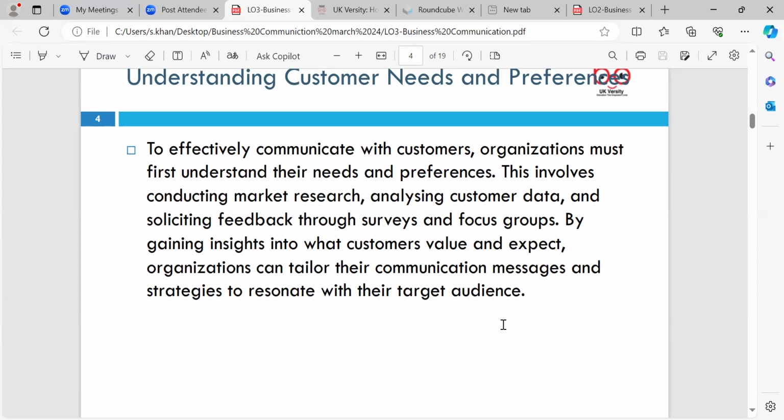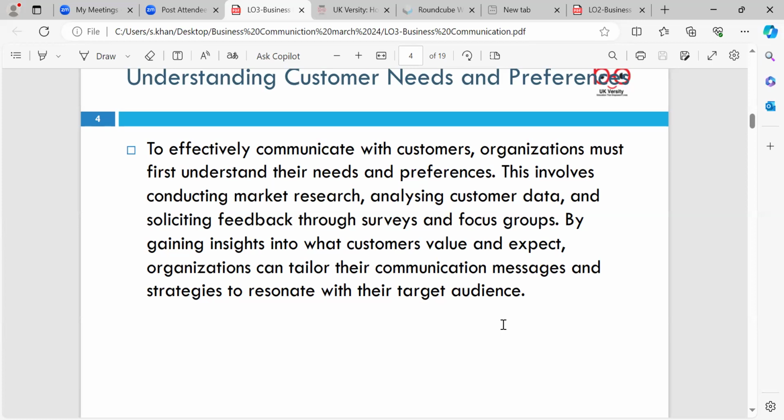So to effectively communicate with customers, organizations must first understand their needs and preferences. This involves conducting market research, which we said is really, really important in regards to understanding your customers' needs, analyzing customer data.